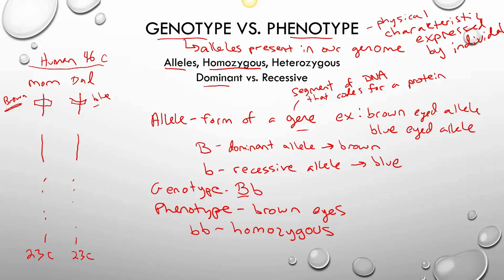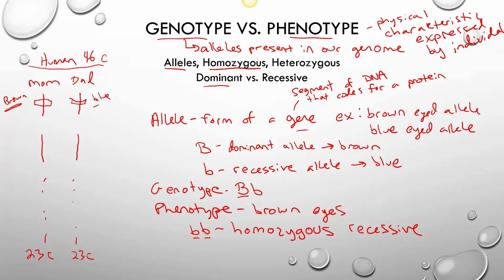So we have homozygous, that means that the alleles are present in the same form. In this example, both mom and dad gave you the blue-eyed allele. This is homozygous recessive because it's lowercase, lowercase, and we know that the blue-eyed allele is a recessive trait.